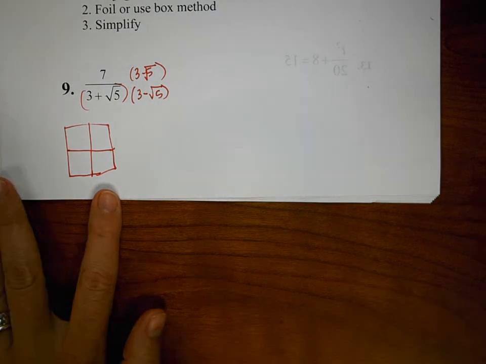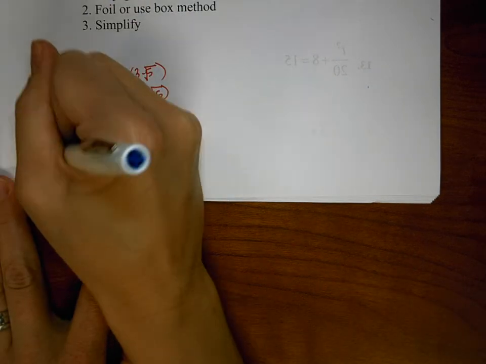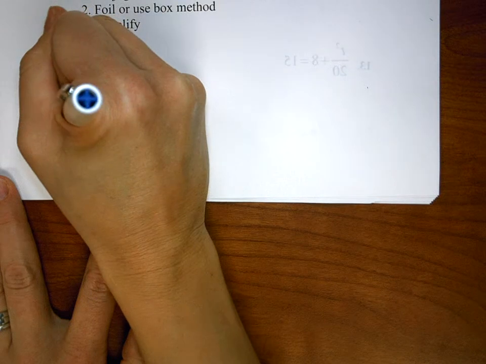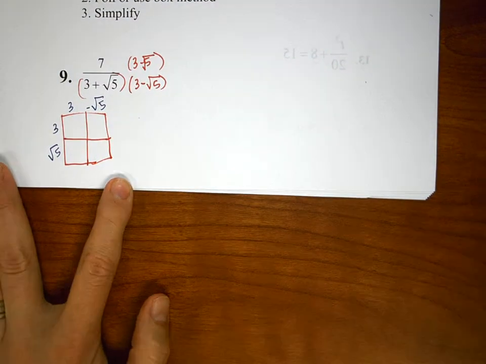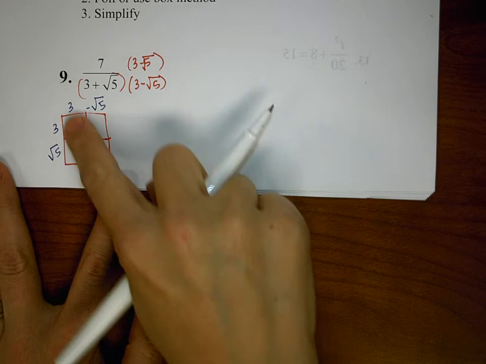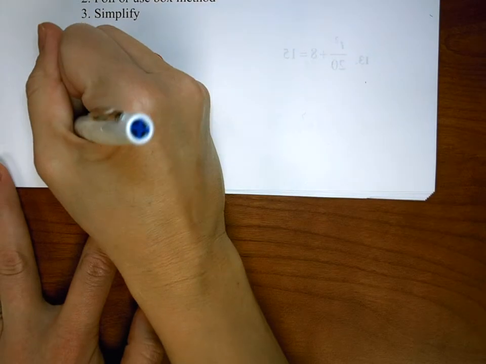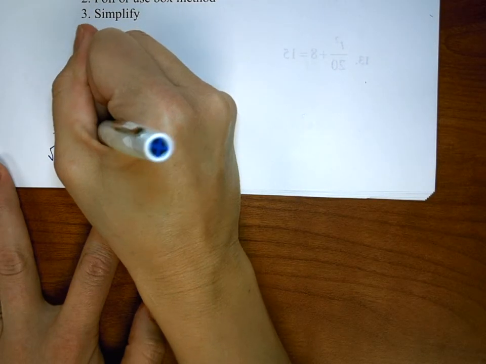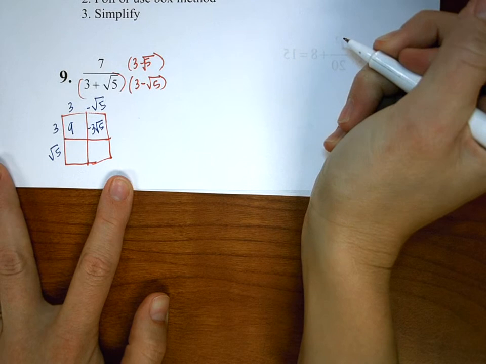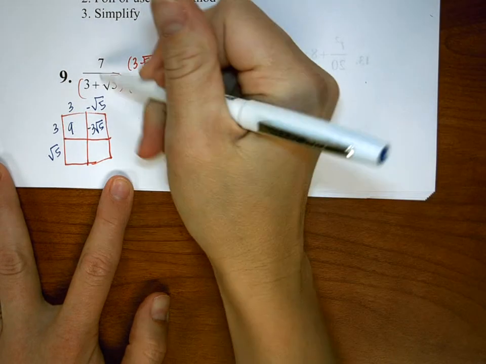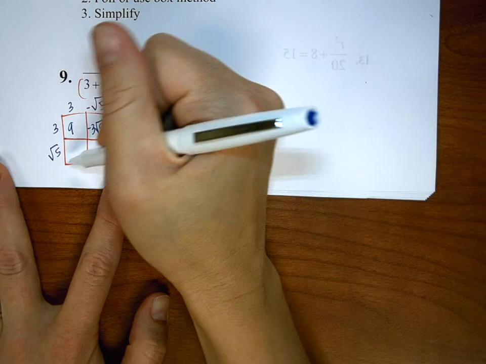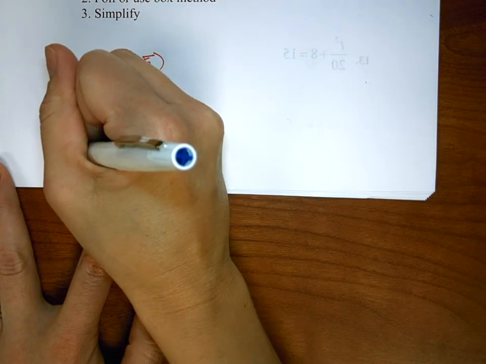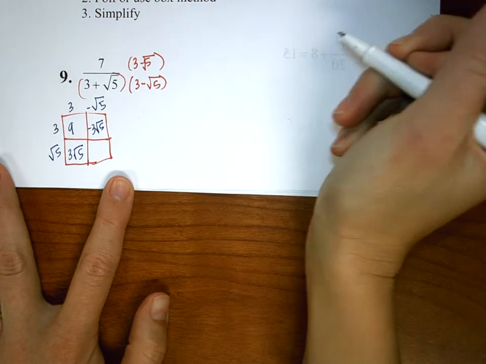So when we multiply this, we have 3 and root 5 and 3 and negative root 5. When you multiply there, 3 times 3 is 9. 3 times negative root 5 is negative 3 root 5. 3 times root 5 is positive 3 root 5, right?